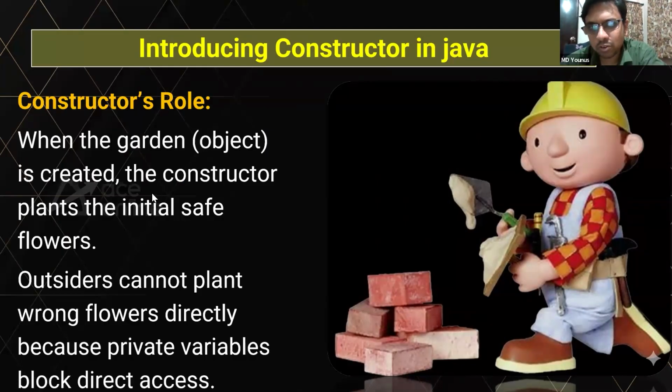Now with the help of the constructor, I'm going to provide the values for that particular object. The job of the constructor is to initialize the values, whether it is a default constructor or a user-defined constructor. The default constructor's responsibility is to provide the default values, and with the help of a user-defined constructor, I can provide my actual values.